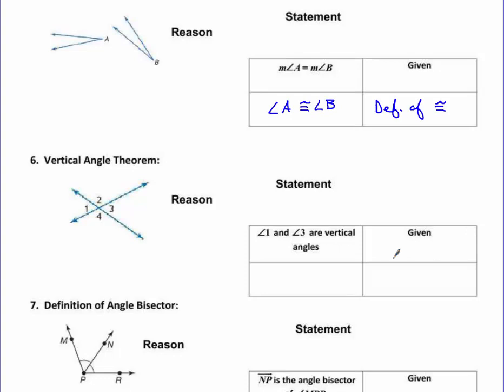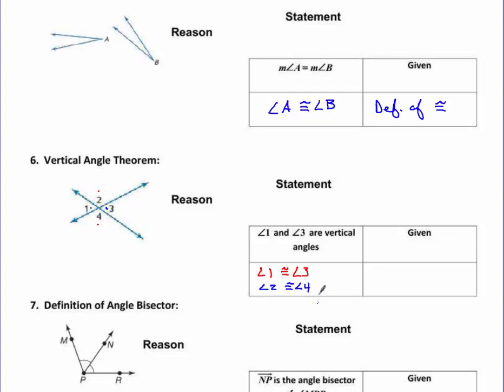All right, vertical angles. You know what those are. That's angle 1 and angle 3. Or it's angle 2 and angle 4. It's two non-adjacent angles formed by intersecting lines. So when we see that angle 1 and angle 3 are vertical angles given to us in a picture or in a statement, you should know immediately that angle 1 is congruent to angle 3, and also angle 2 is congruent to angle 4.